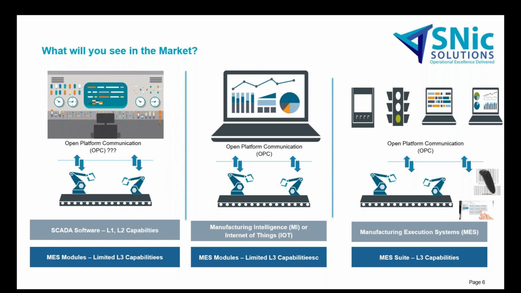So what you see today in the market are independent software companies providing a suite of enterprise grade manufacturing execution system, which would have modules related to tracking, related to quality, related to scheduling, and related to intelligence.